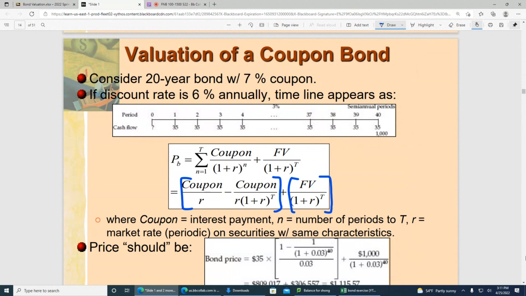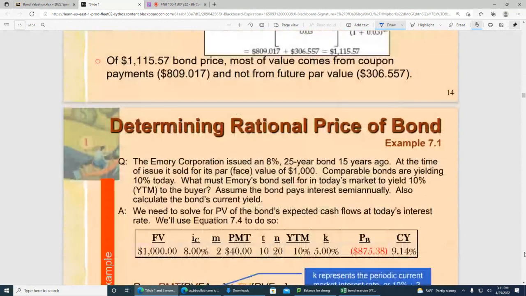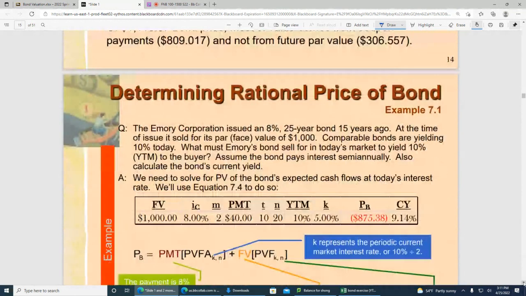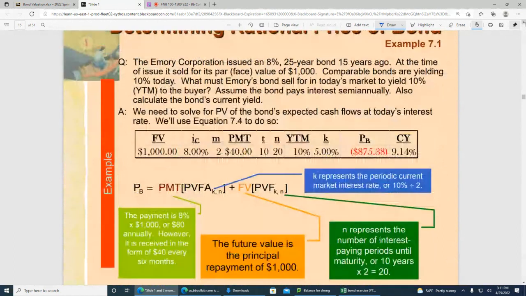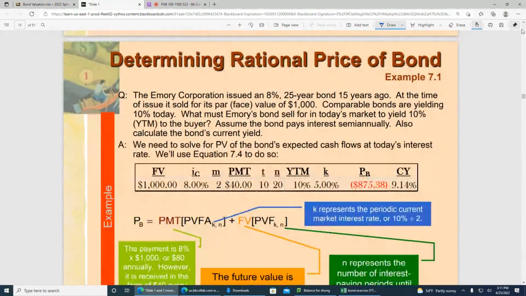We're going to do just one example and then move on to the yield to maturity part. So let's take a look at this example.